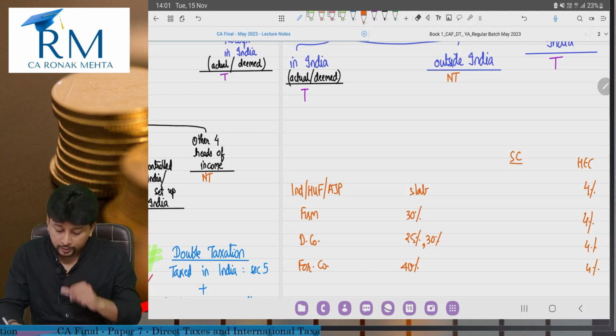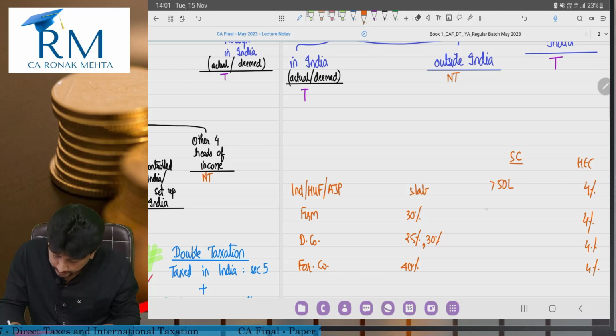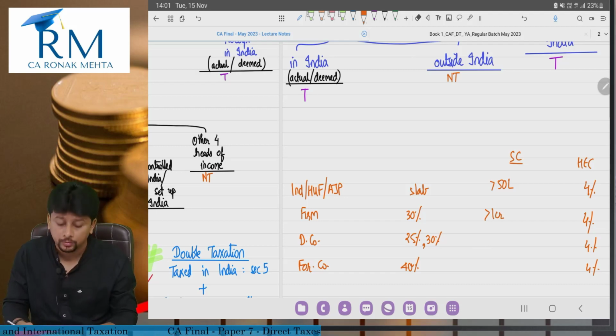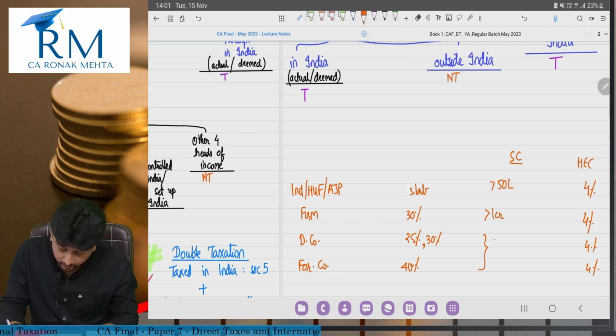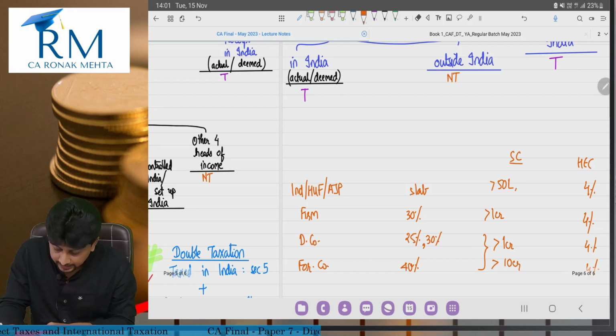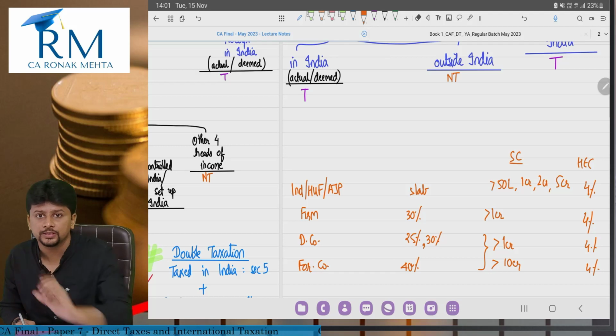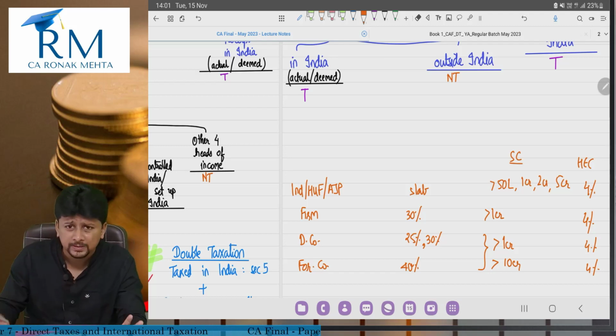Surcharge, so for individuals the threshold is 50 lakhs. For partnership firm the threshold is 1 crore. For domestic company and foreign company you have 1 crore and 10 crore, two thresholds. For individuals it is 50 lakhs, 1 crore, 2 crore, 5 crores. Four types of surcharge percentages are given, broadly speaking.